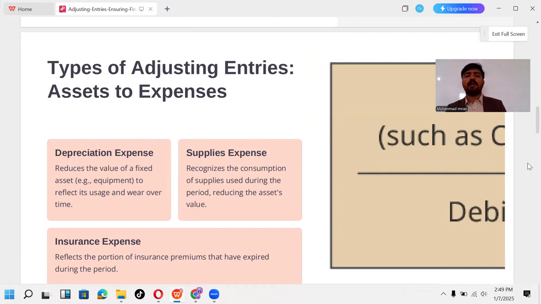For converting assets to expenses, first these transactions are recorded.